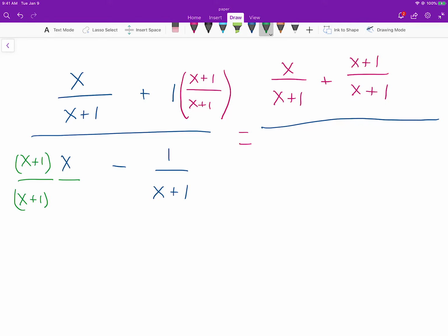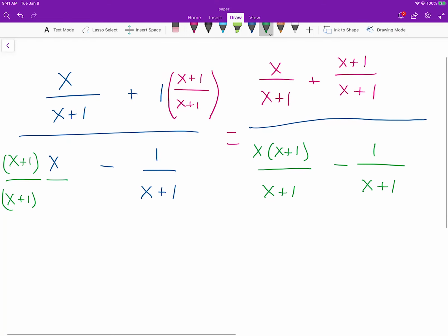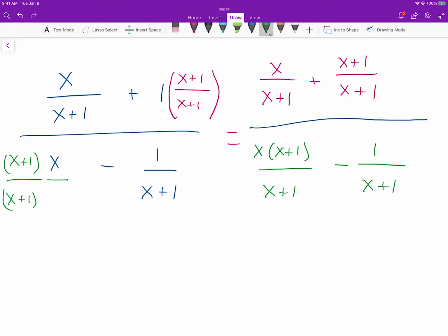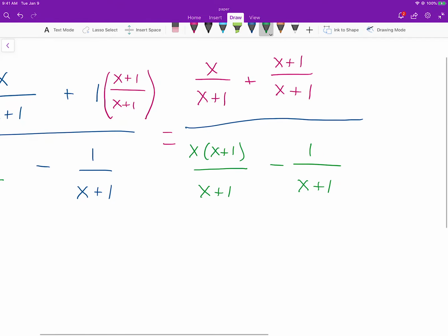So now I'm going to have x over x plus 1 times x plus 1 over x plus 1 minus 1 over x plus 1. Okay, all we did was rewrite them with common denominators.